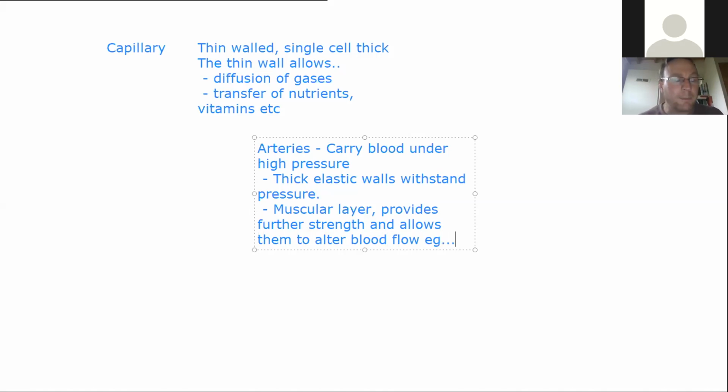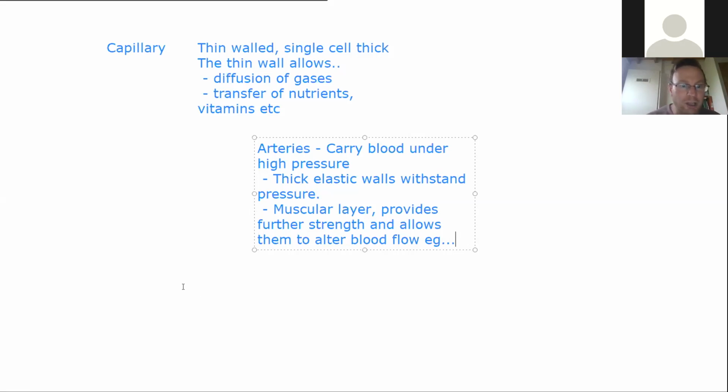The arteries are allowed to narrow, which changes blood flow into those muscles. So a muscular layer provides further strength and allows those blood vessels to alter blood flow. So it can shut down blood supply to the digestive system. It can begin opening up blood supply to working muscles.